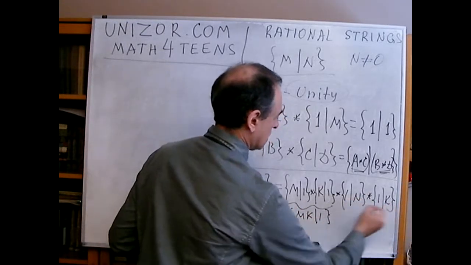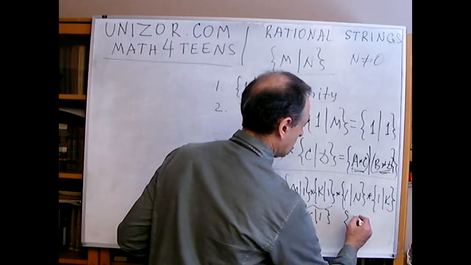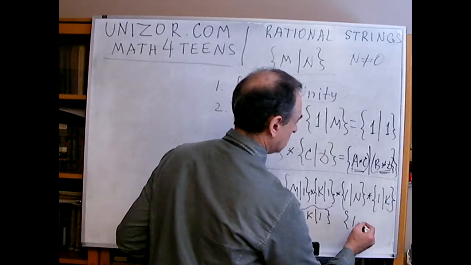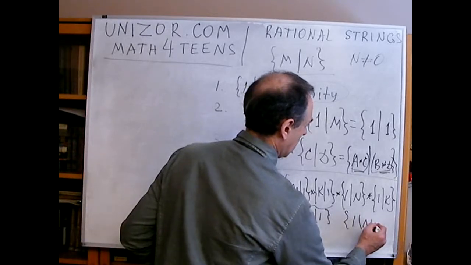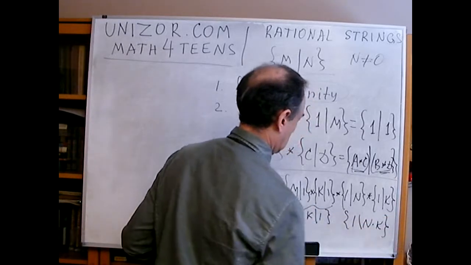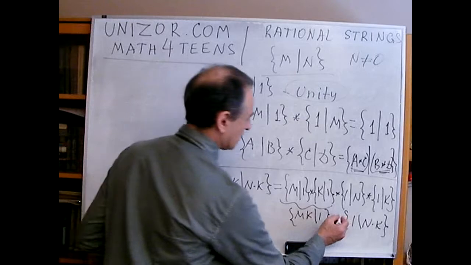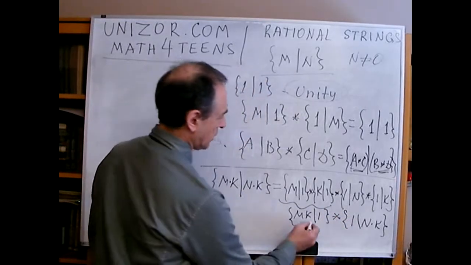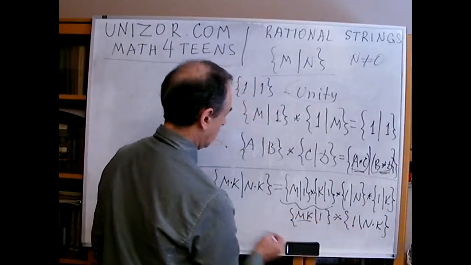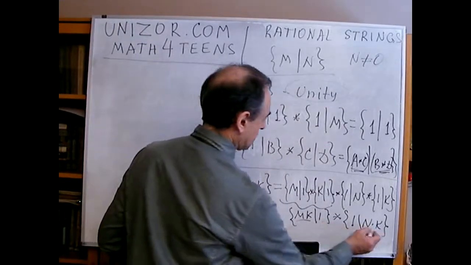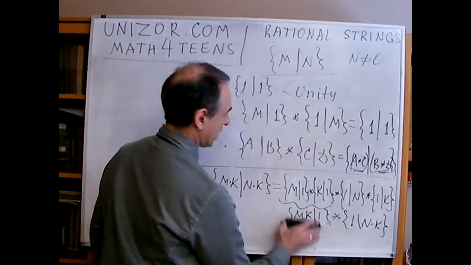And this, similarly, will be 1 times 1 over n times k. And the result of multiplication of these two will be mk times 1 on the top and 1 times nk on the bottom. So that's why I can do this.